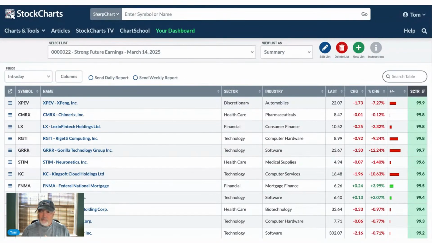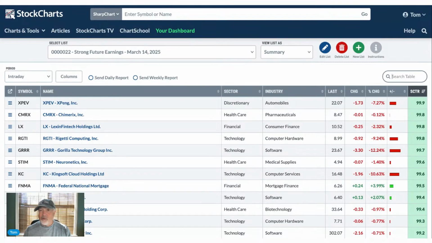So if you were around for our prior presentation, then you know that strong earnings chart list includes companies that beat both top line and bottom line estimates in their most recent quarterly earnings report. So they cannot get on there without having beaten earnings estimates. This list is looking more at the technicals.